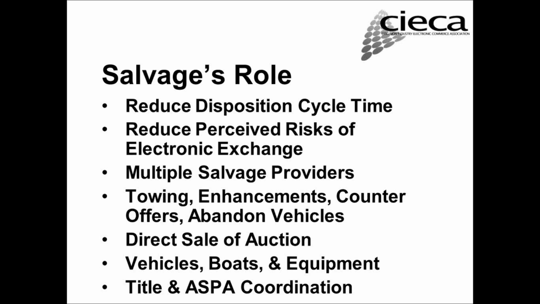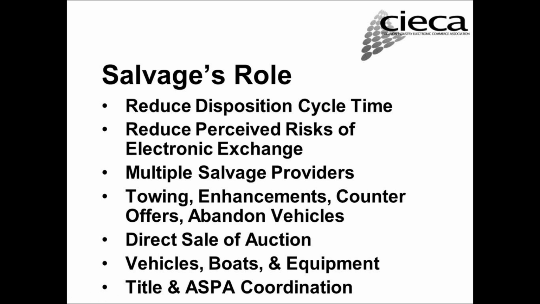You can have multiple towing issues, confirmation issues, vehicle enhancement recommendations and improvements, multiple title processing messages, hold from the auction messages, communication relating to the bids, counteroffers, and accepted offers, the actual settlement statements, and of course when you deal with salvage you have to deal with abandoned vehicles. So all of that is really taken into account as we talk about salvage.